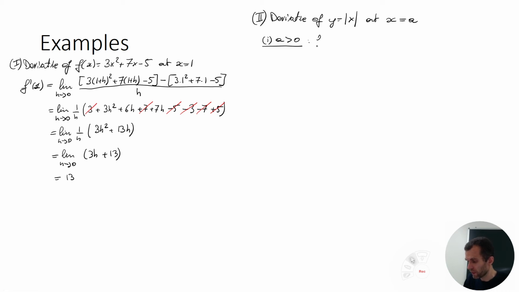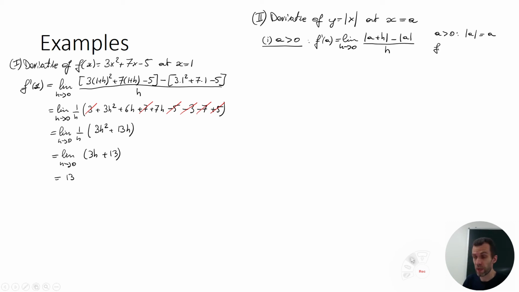So in that case, f prime of a is the limit h going to 0 of absolute value a plus h minus absolute value of a divided by h. Now, some simplifications that we can make. So we have a positive, and therefore absolute value of a is equal to just a.